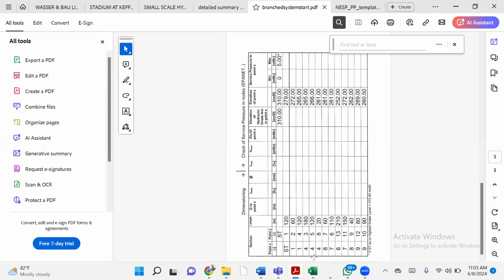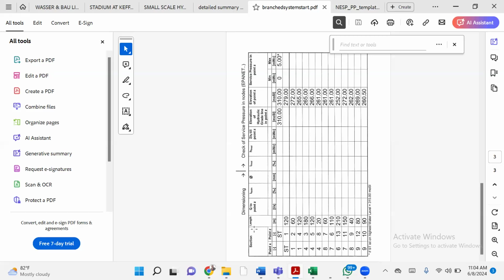The first column is the points: storage tank, point 1, point 2, point 4, and all those points we have there. Then the second column is the elevation of that point.